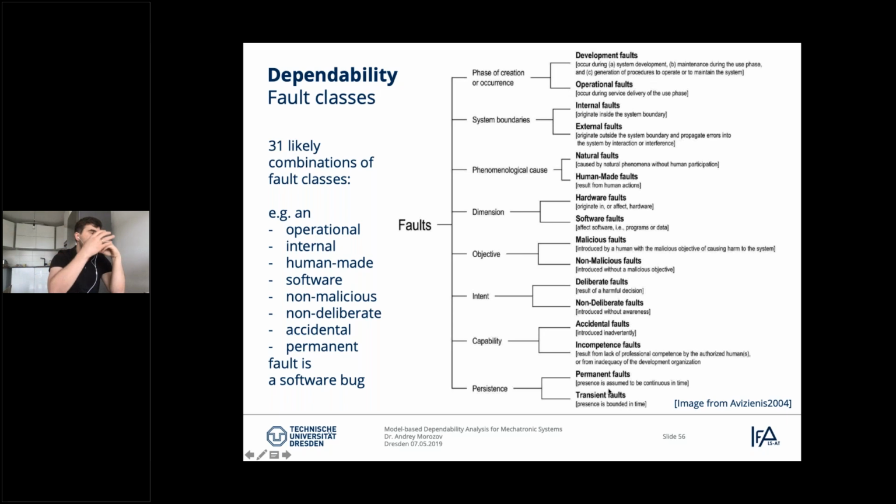The thing is that there are 31 combinations. So, for example, operational, internal, human-made, software, non-malicious, non-deliberate, accidental, and permanent fault is a software bug.